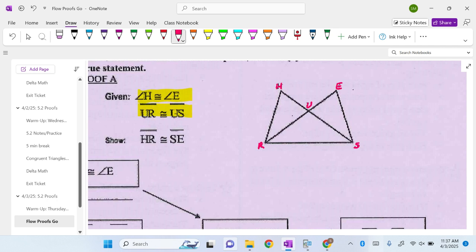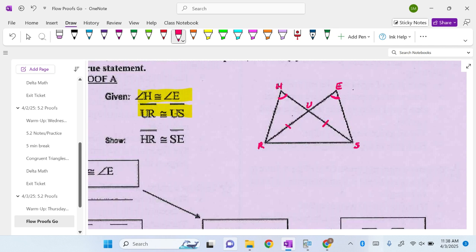So angle H, which is right here, is congruent to angle E. So I'm going to go ahead and mark those so I know that they're congruent. Then segment UR is congruent to segment US. So UR, so right here, is congruent to this one.